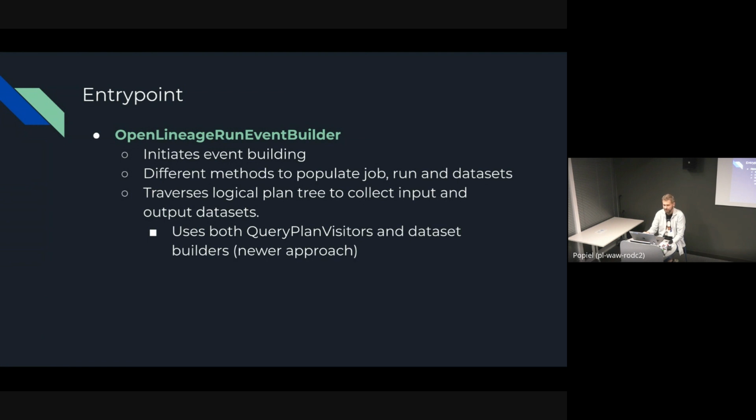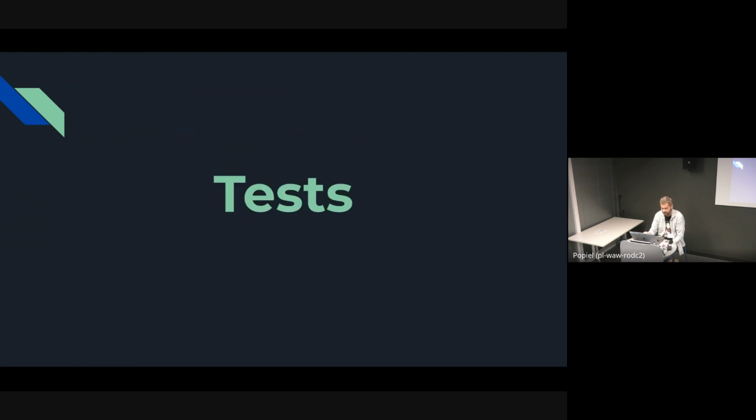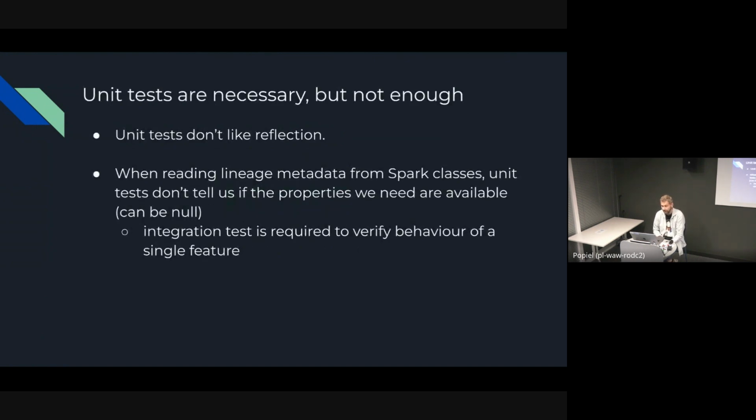Yeah, perhaps you can jump to tests and see how to write a test, and there are different ways to do that. So unit tests are necessary, but are not enough, because unit tests don't like reflection. And moreover, oftentimes we read metadata from Spark classes, and a unit test will not tell us if the properties that we read are not null, if they really contain what we want.